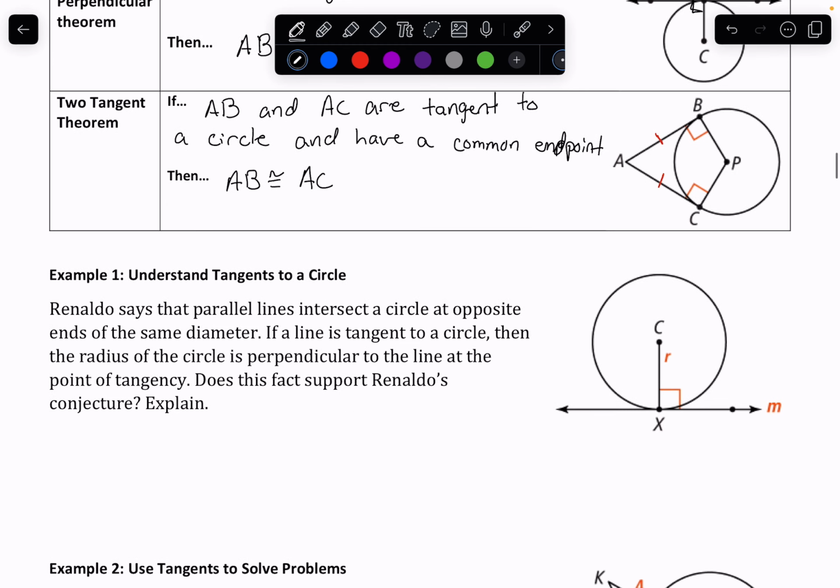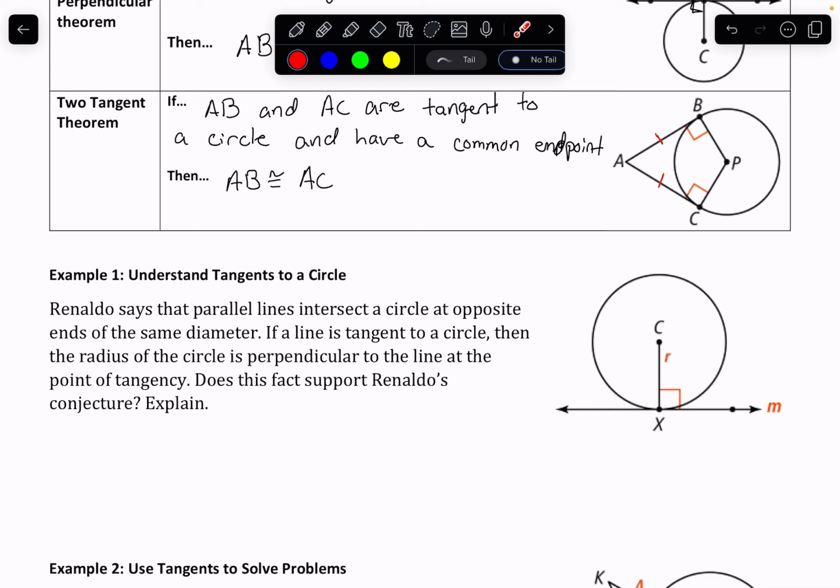So coming down here, we're going to explore why our tangents are perpendicular to a circle like this. Rinaldo says that parallel lines intersect a circle at opposite ends of the same diameter. If a line is tangent to a circle, then the radius of the circle is perpendicular to the line at the point of tangency.